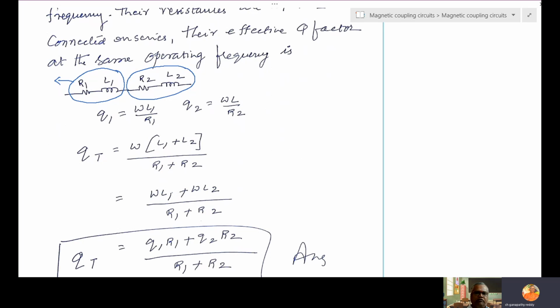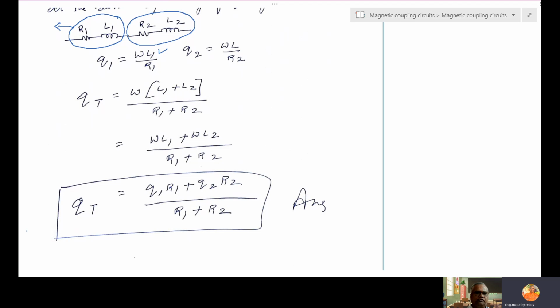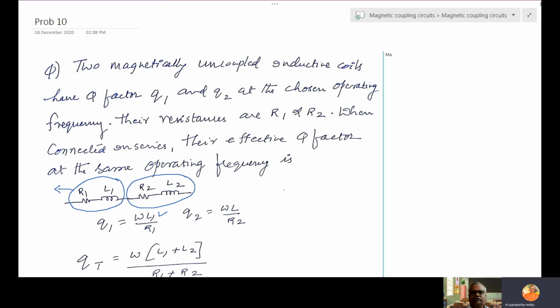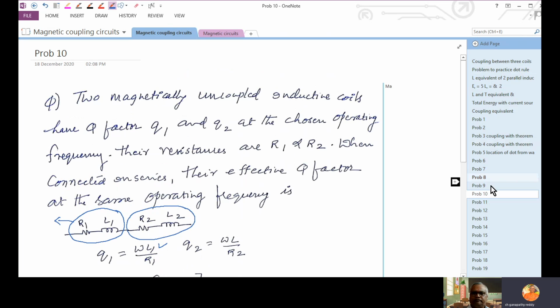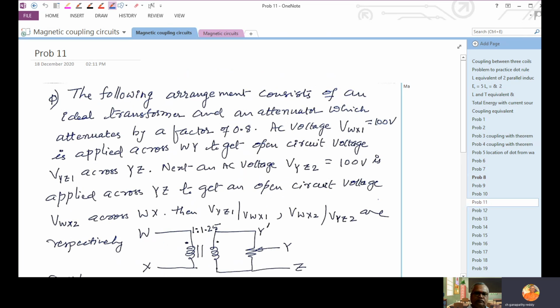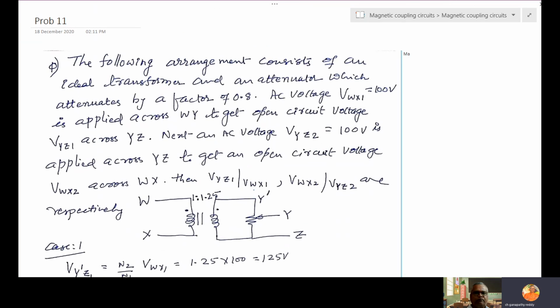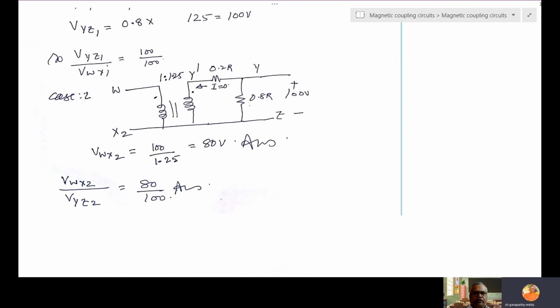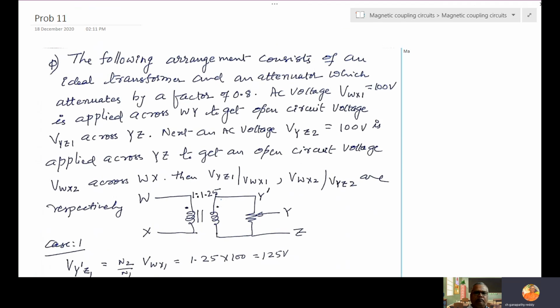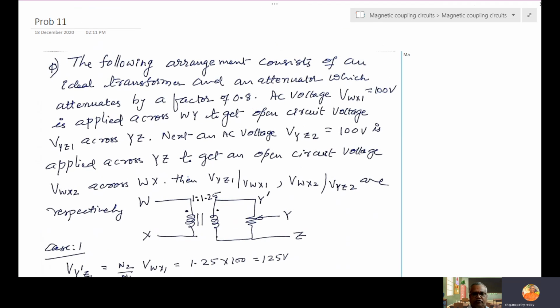But what is omega L1? Q1 into R1. So Q1 R1 plus Q2 R2 by R1 plus R2. So you are finding total quality factor in terms of Q1 and Q2. This is more description, but logically you have to solve the problem.